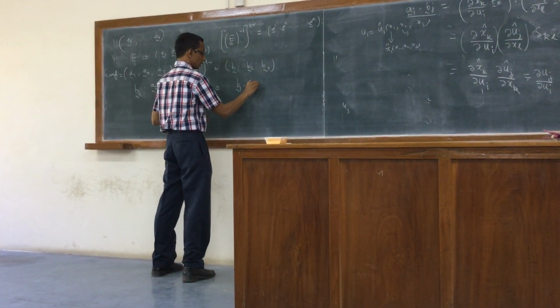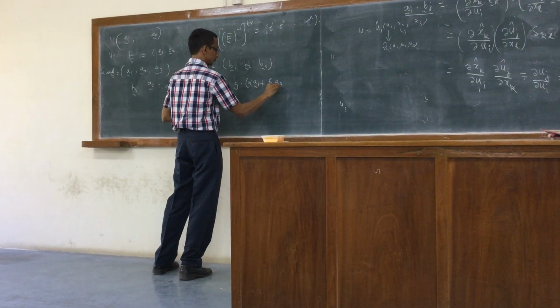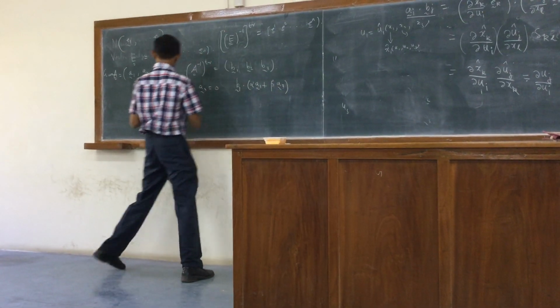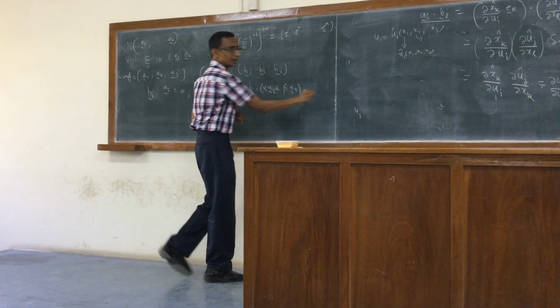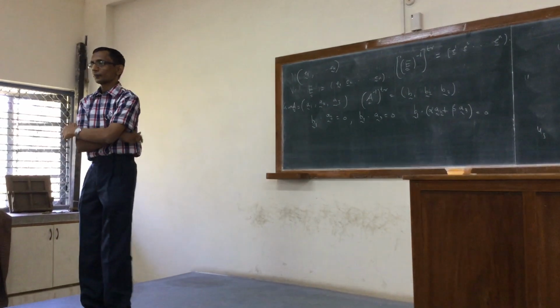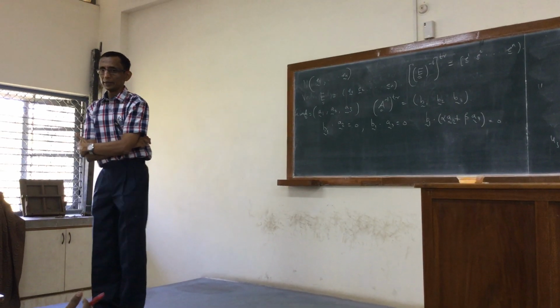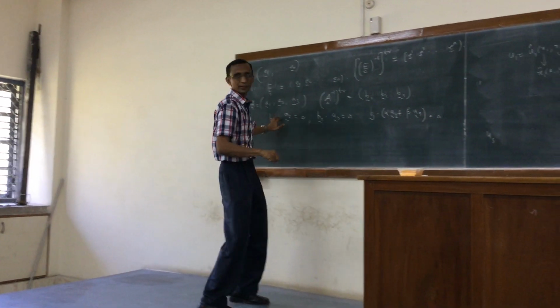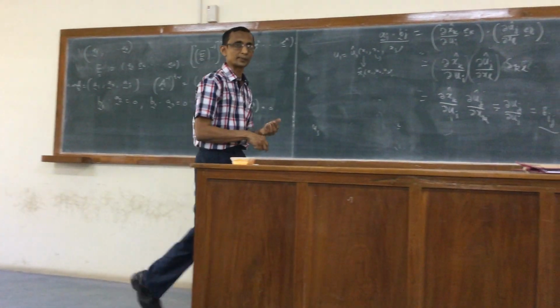Clearly then, B1 dotted with alpha A2 plus beta A3 is equal to 0. That's clear from this. Take alpha A2, take the dot product, it will be 0.